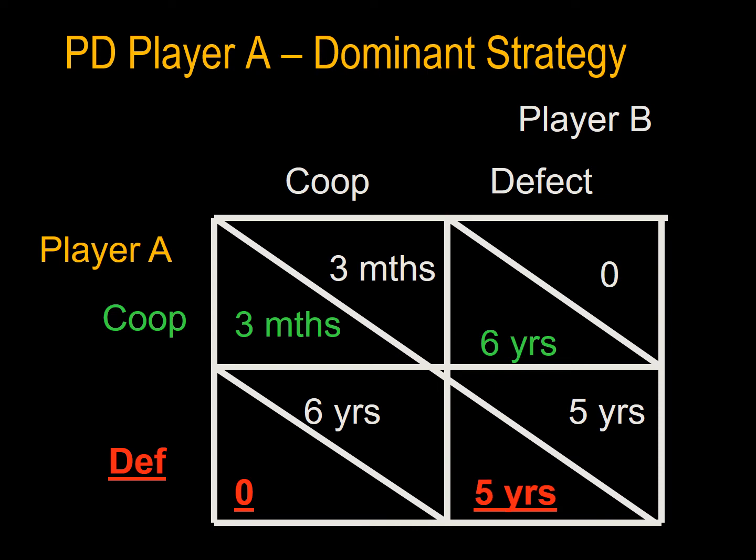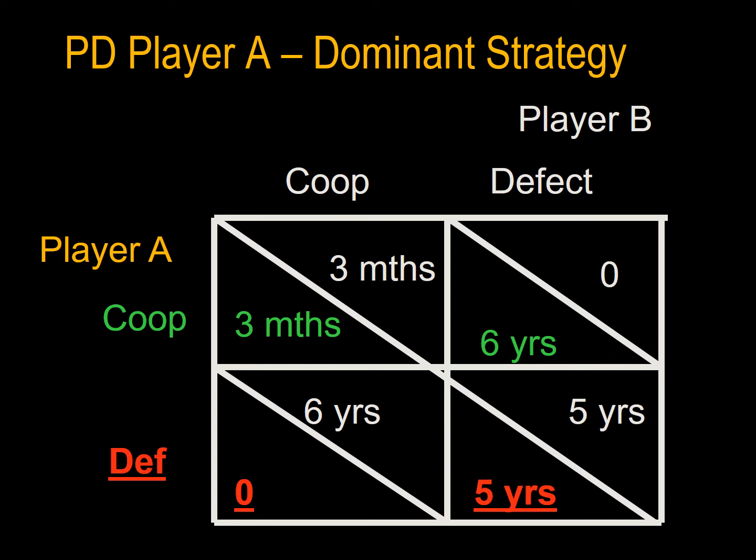We then look at the next column of player B, the defect column. And we see there that player A has 6 years in prison in green if they choose to cooperate. If they choose to defect, player A has a payoff of 5 years in red for choosing the defect strategy.